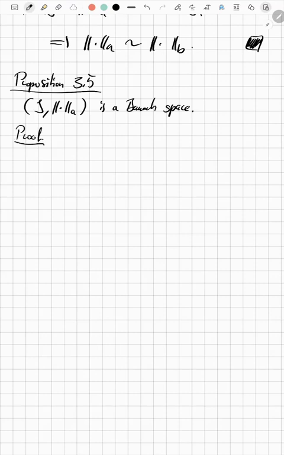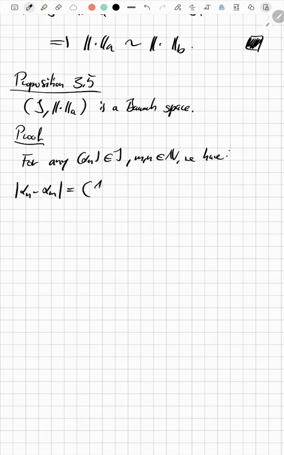And for the proof, first we want to notice the following, that for any alpha n in J and m and n positive integers, we have that the difference of alpha n and alpha m, well, this is just the same as 1/2 times 2 times the difference of alpha n minus alpha m squared, and then again the square root.